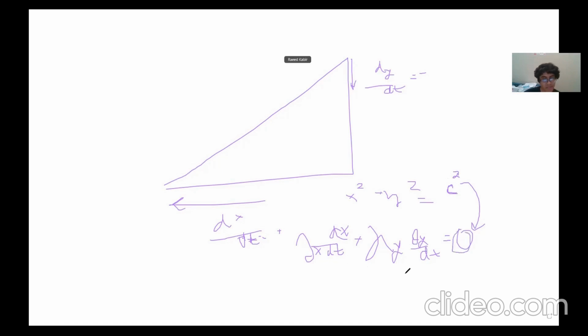And as soon as you do that, this is a very easy problem. You're given some x. Maybe it's asking when the base of the ladder is 5 feet away from the wall, where you know that you can plug in the 5, and because of this equation right here as well, you can plug in the 5 here. You know the constant value of this, so you can solve for the y, right? That's something that happens very easily.